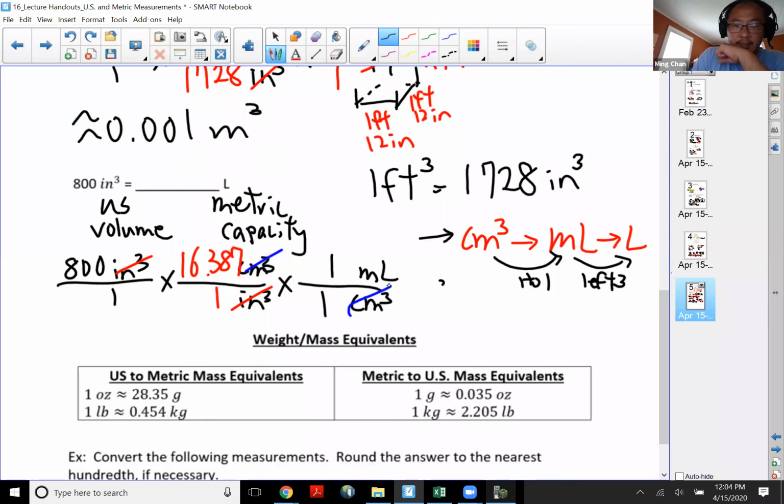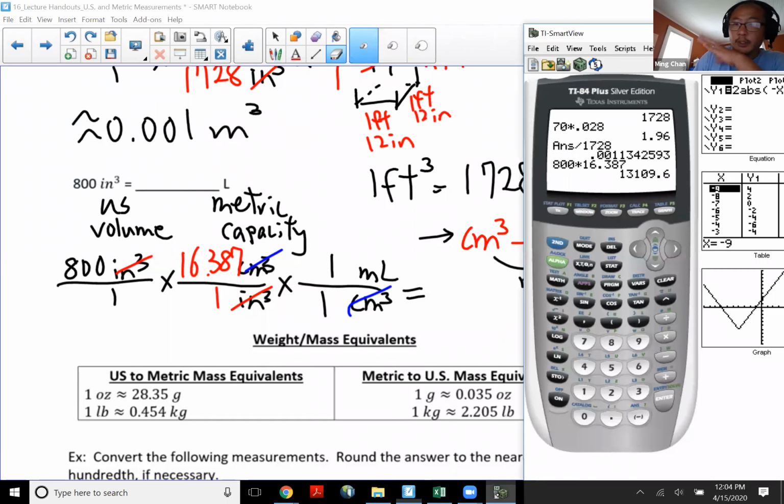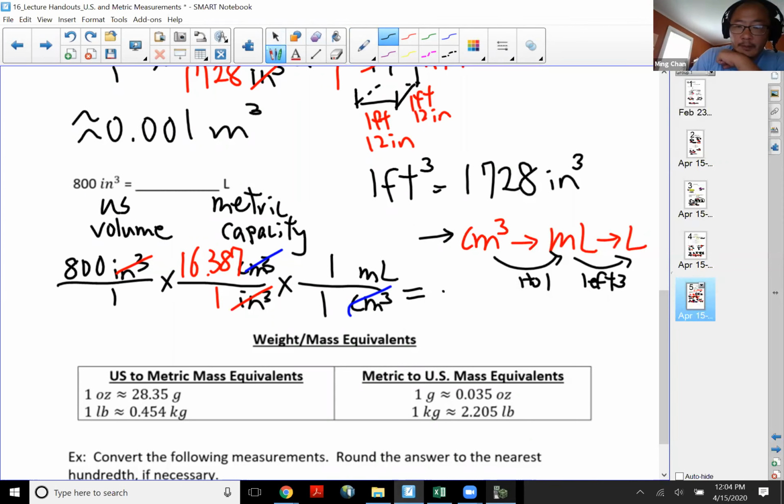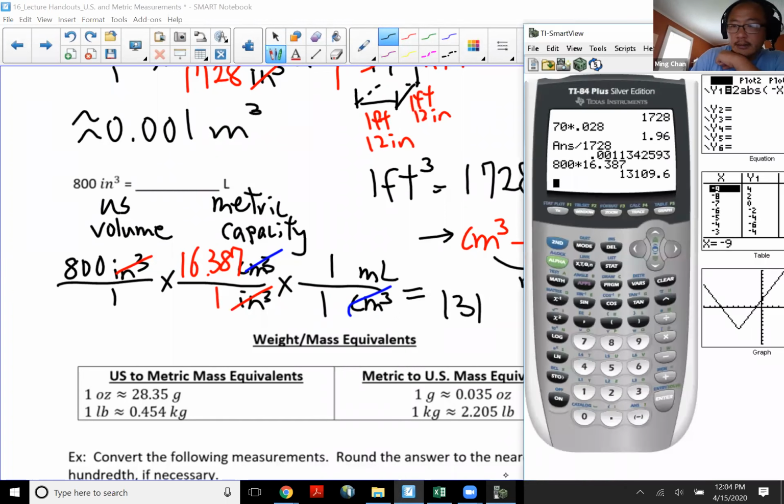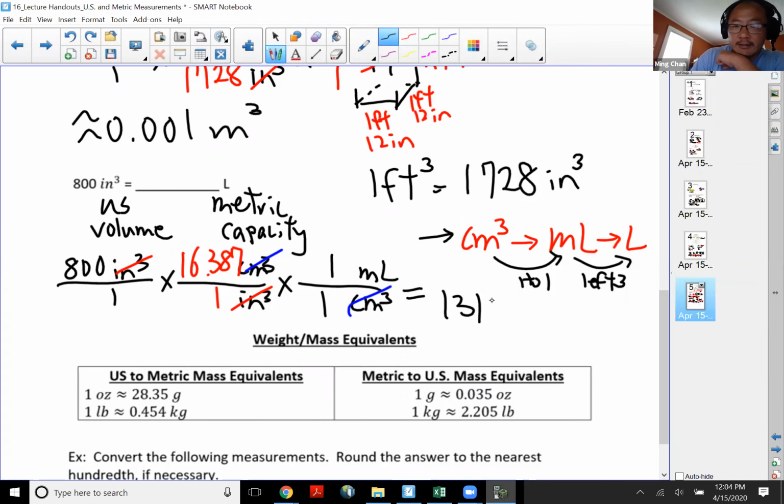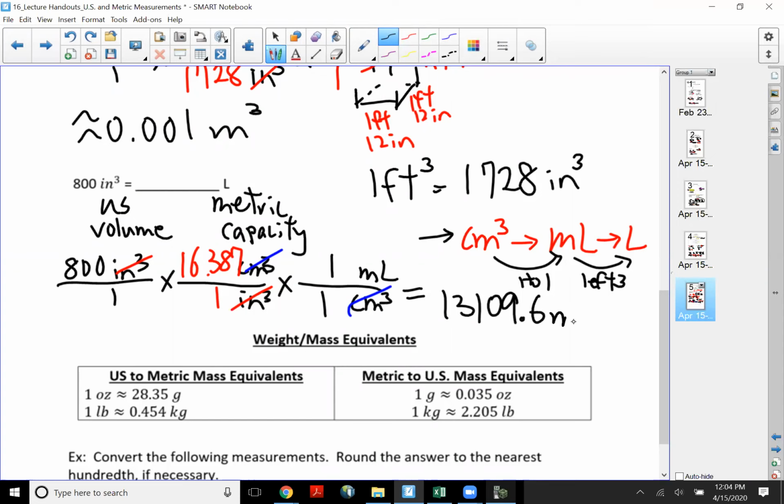All right, so I'm gonna stop it right here for right now at milli, see what my answer is before I convert. Which is how many? 13109.6. I got short memory, 09.6, right? Milliliter.